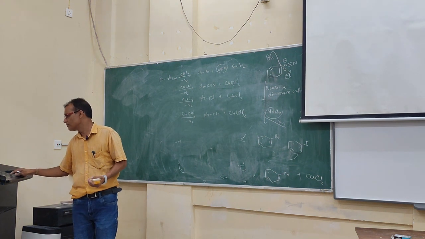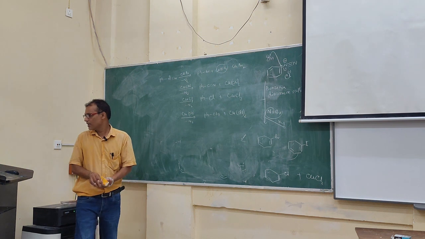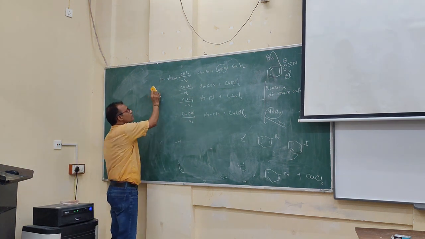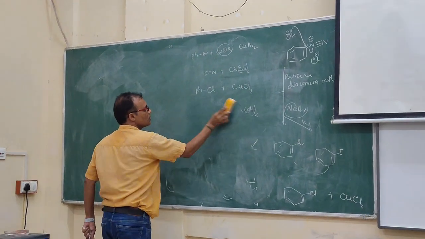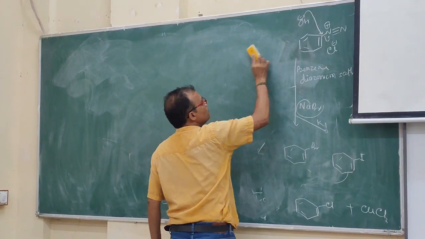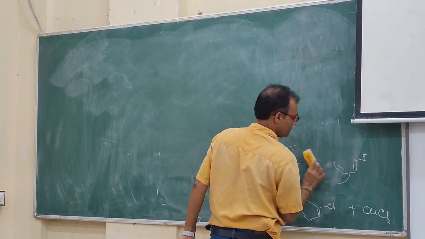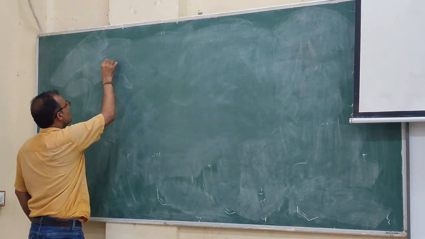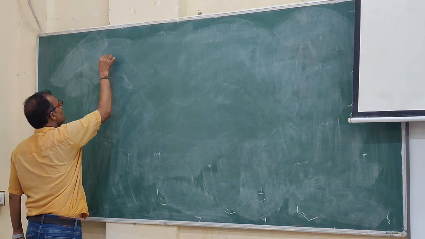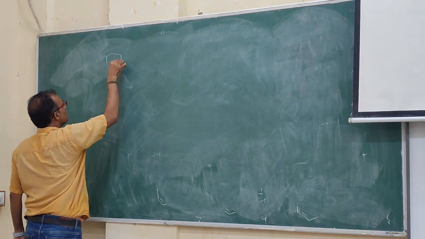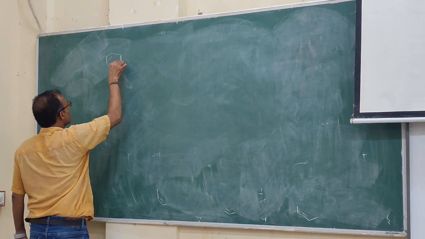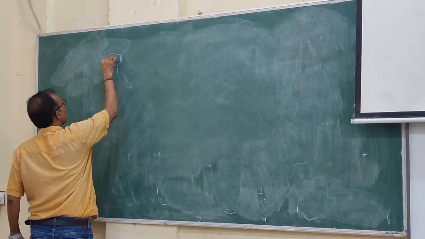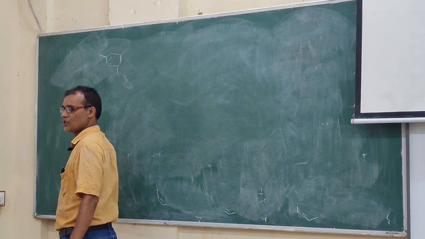So we can go for a roadmap problem. Is it clear now? Suppose you have, what is this called? 2,4,6 trimethylbenzene.